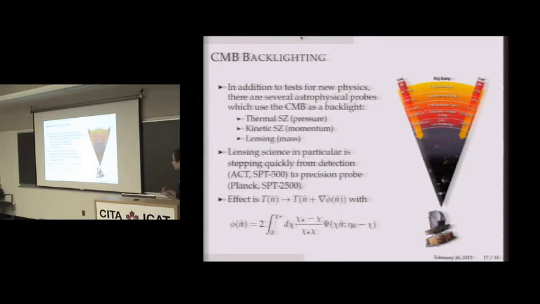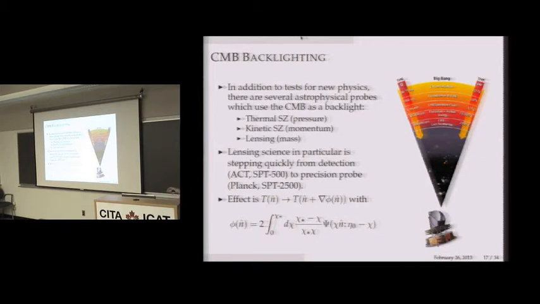So Graham talked a bit about the thermal and kinetic SZ fluctuations. And I'm going to focus for the rest of this talk on gravitational lensing. Lensing is something that has only in the last few years become significantly detectable from the CMB alone. And with the release of Planck and the full SPT data set in a couple of months, it's starting to enter the regime of precision cosmology.